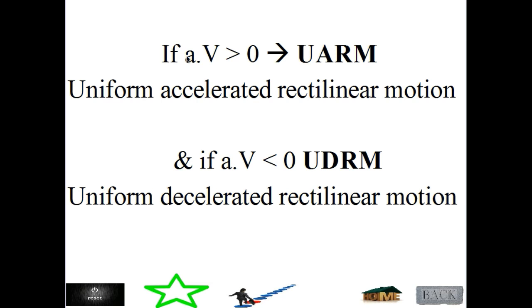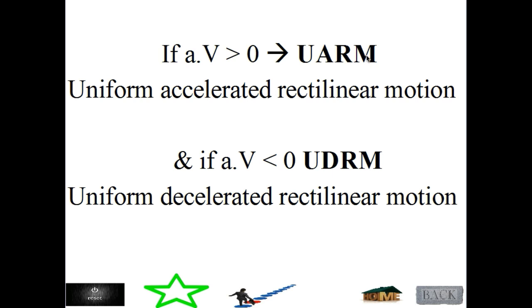Now, a dot v is positive if a is positive and v positive, but we also have another case: if a is negative and v is also negative. If we are moving backward, then here the motion is uniform accelerated rectilinear motion, but in the negative sense. I am moving backward, and in the negative sense I am speeding up, so my acceleration will be negative and the velocity will be negative.